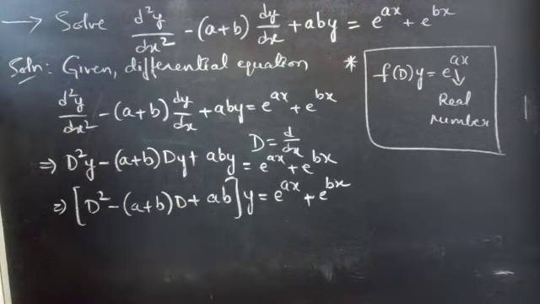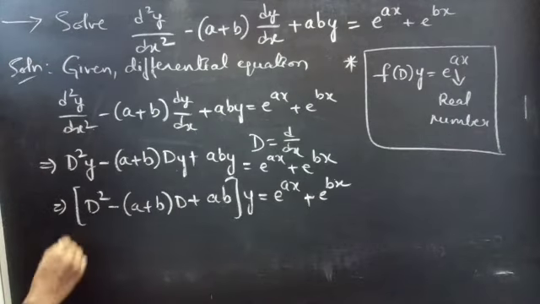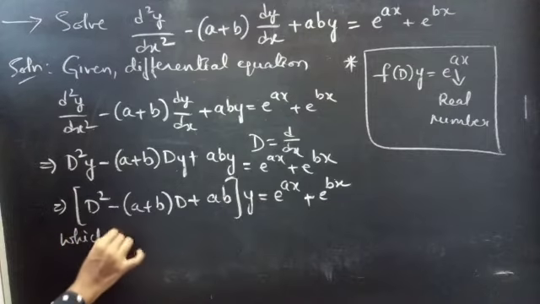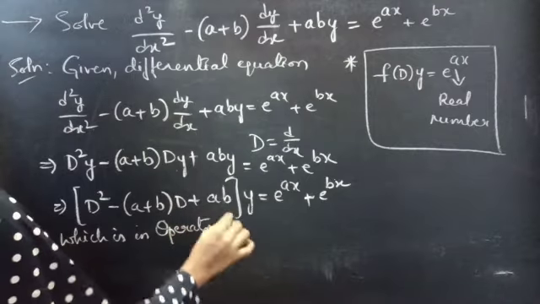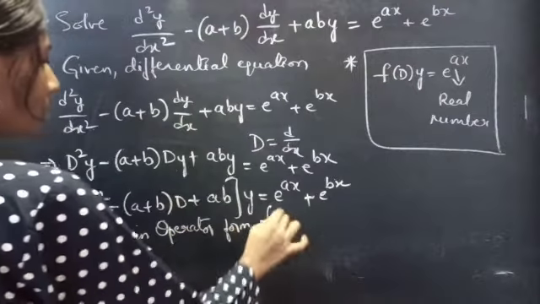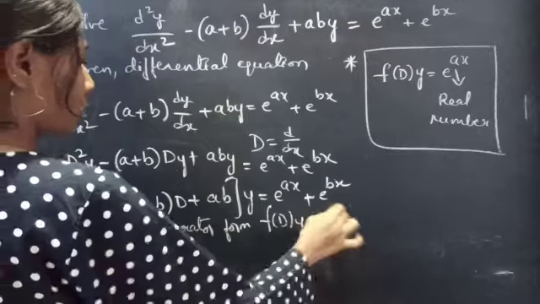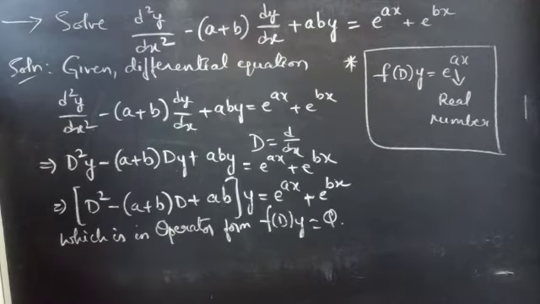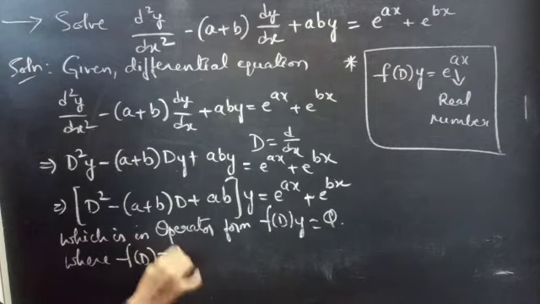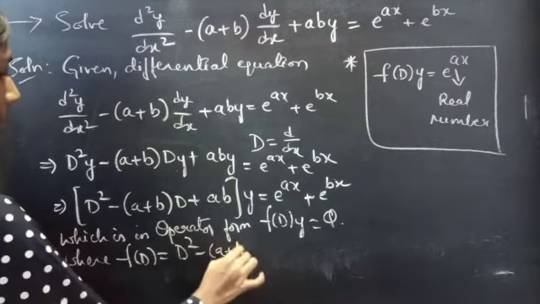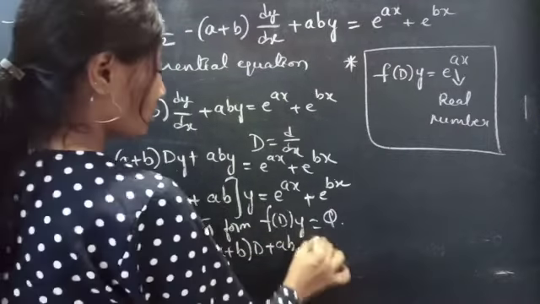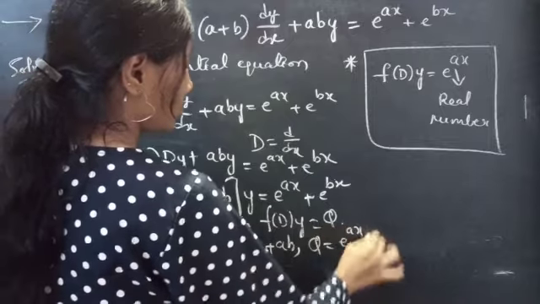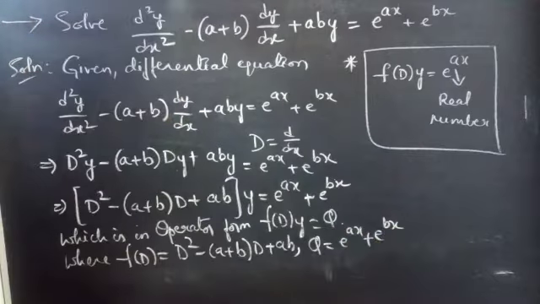So this is in operator form: f of D into y equals Q, where f of D equals D square minus (a plus b) into D plus ab and Q equals e power ax plus e power bx.